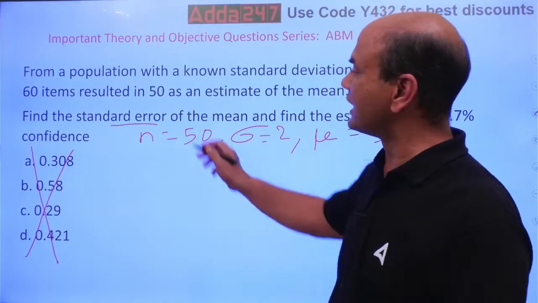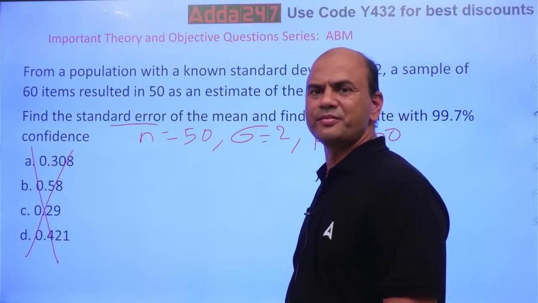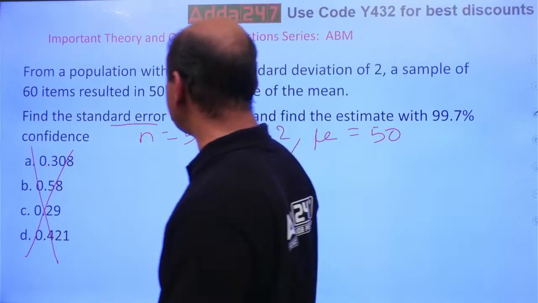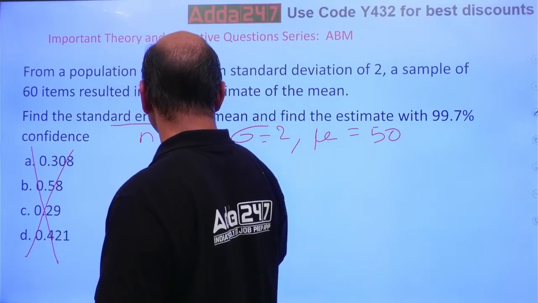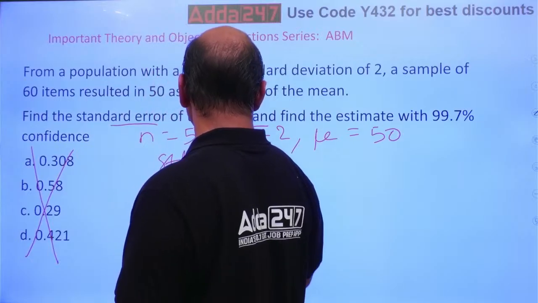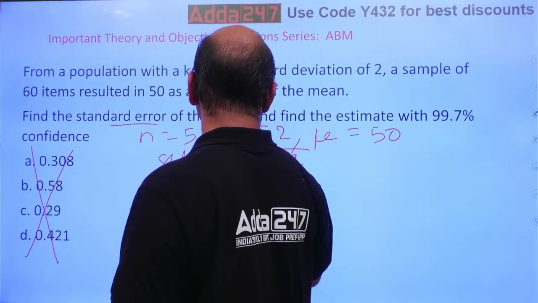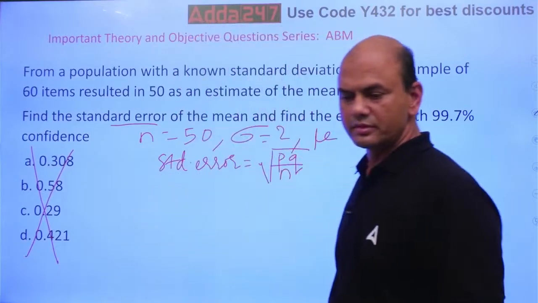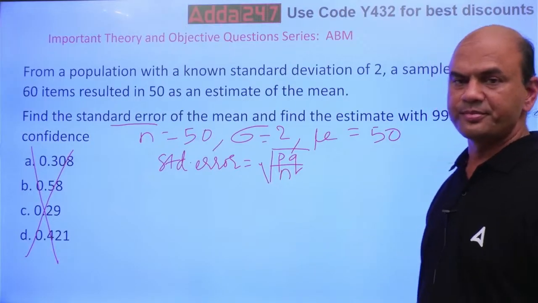So now find the standard error. Don't find anything else, directly go to the standard error. What is the standard error? Standard error equals root of PQ upon N. Right?